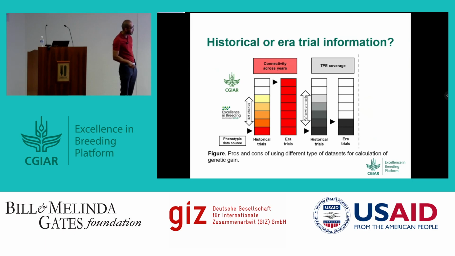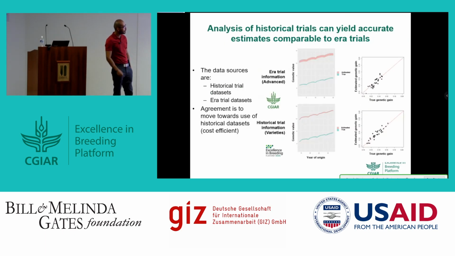So depending, of course, on how you structured your data sets, we wanted to understand, okay, is it a good idea to use historical trials? Because your concern was error trials might be expensive. We cannot run this every year. So we ran a couple of simulations, and to our surprise, it looked pretty good. It looked like error trials, as expected, were good to capture the true genetic gain.